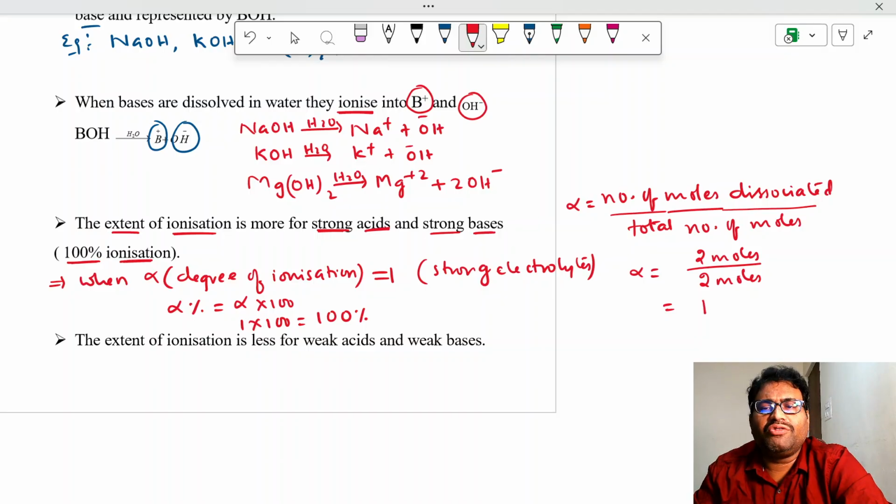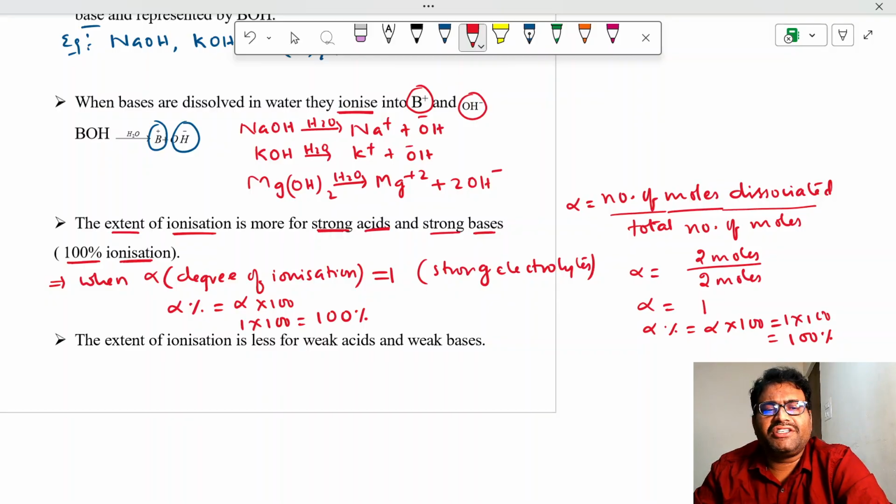Alpha will be equal to 1. Alpha percentage will be equal to alpha into 100, that is 1 into 100, that is 100 percentage. Are you getting this? Right?